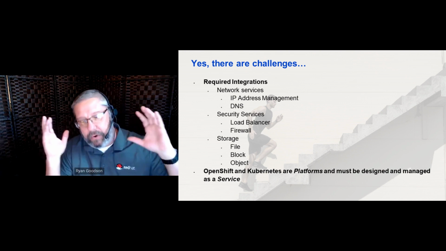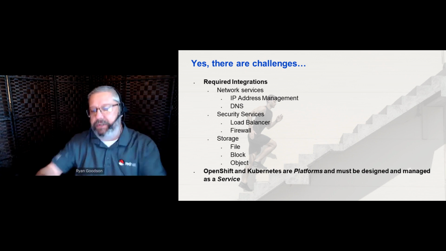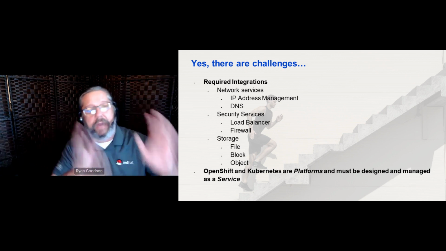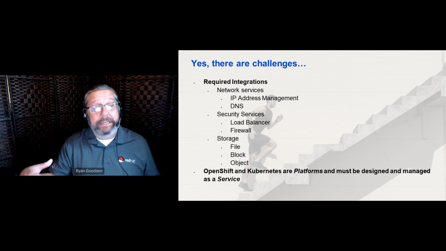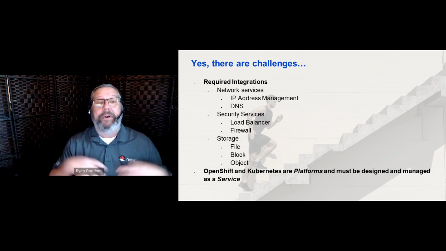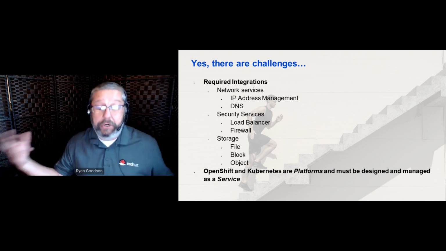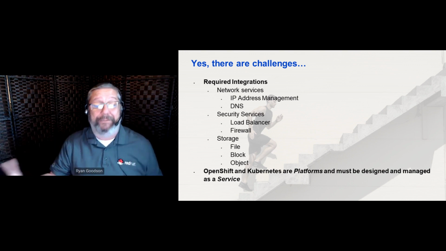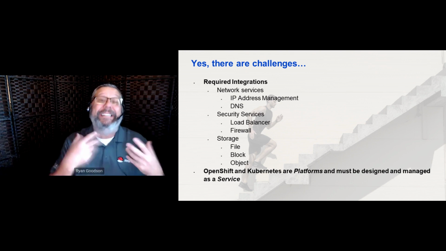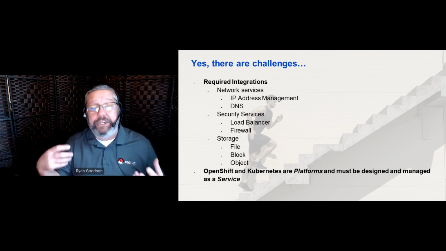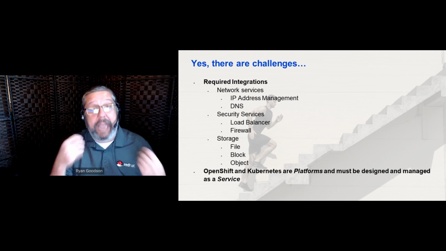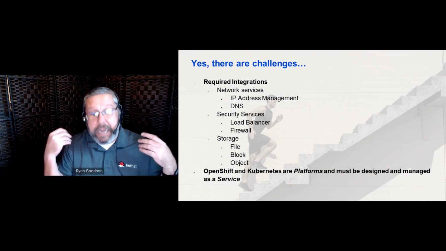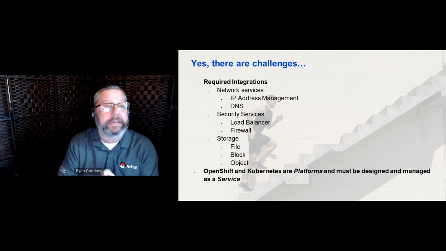So you have your dedicated networking team, and you've got your server team, and you've got your VMware team, and you've got all of these various teams that all operate independently. However, OpenShift and in turn Kubernetes is a platform and actually needs to have all of these integrations to be able to provide all of the services that the application teams need in a modern development environment.